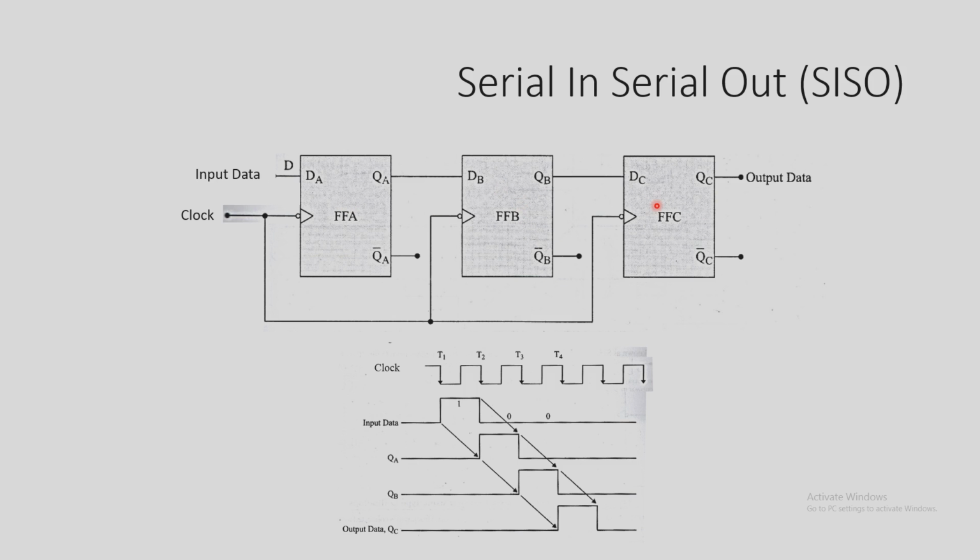So at the next negative edge, this flip-flop contains 0, and this will be fed to this flip-flop. This flip-flop contains 1 and it will be fed to this flip-flop. This flip-flop becomes 0 again because there is no input. So at the first negative edge, this flip-flop becomes 1, this is 0 and this is 0.